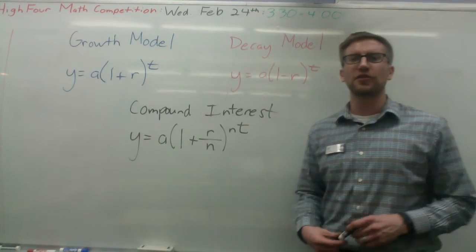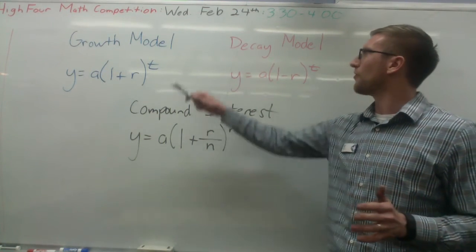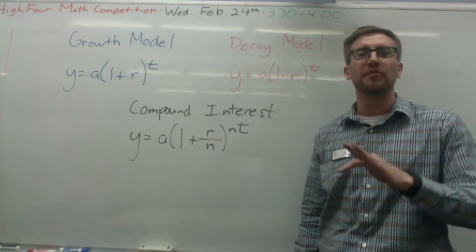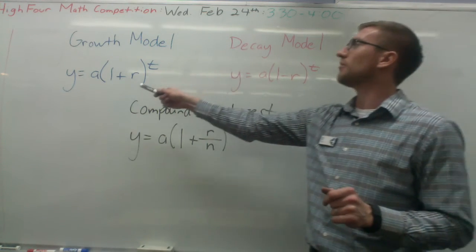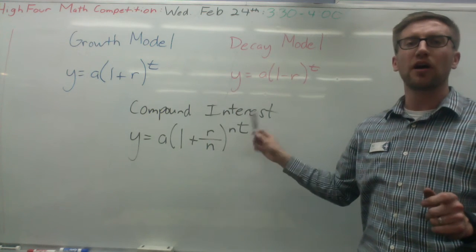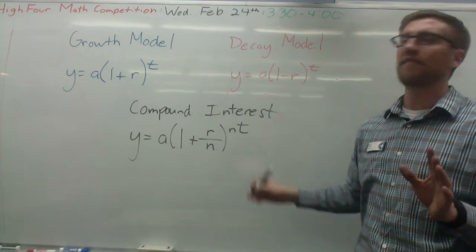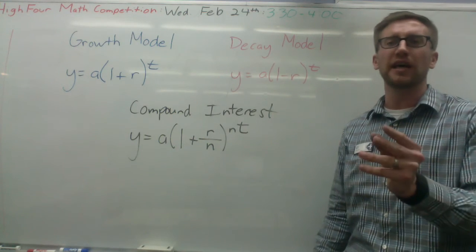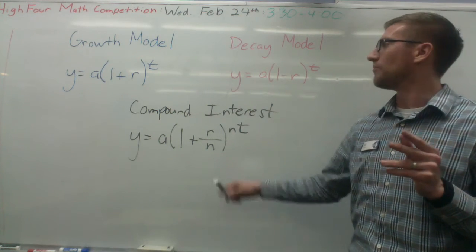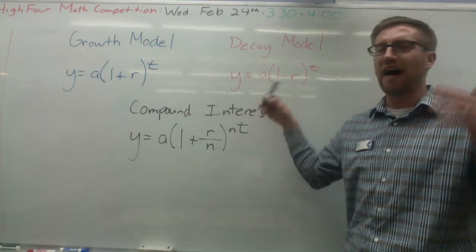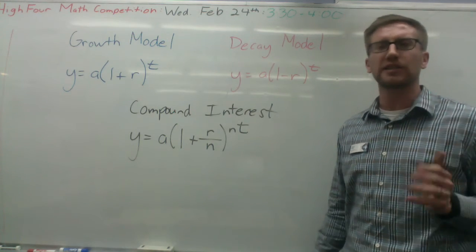All right, just to recap things, let's go over our 3 main equations that you need to know in order to do the word problems from these sections. Our growth model, our decay model, and our compound interest formula, all involving some of the same variables. A, in all the cases, is that initial amount that you're putting in, whether it be money, or bacteria, or trees, or the value of a car that's increasing or decreasing exponentially.